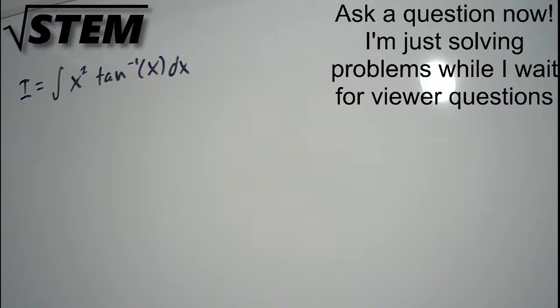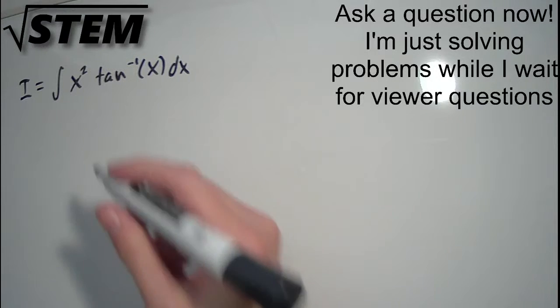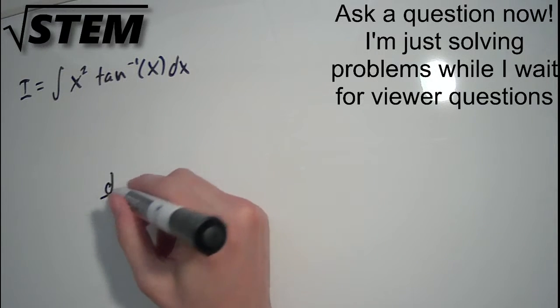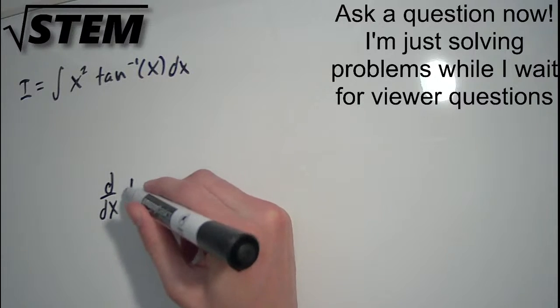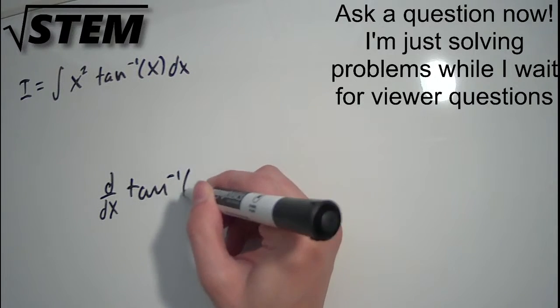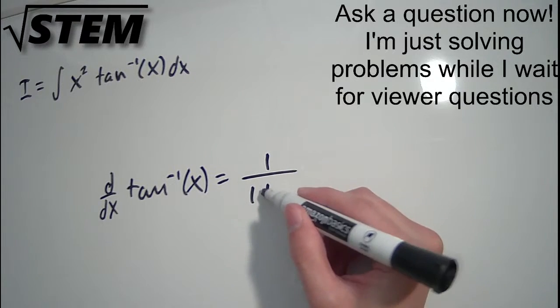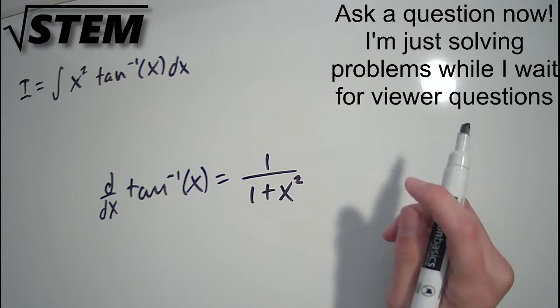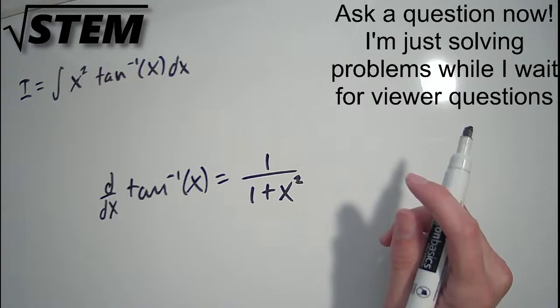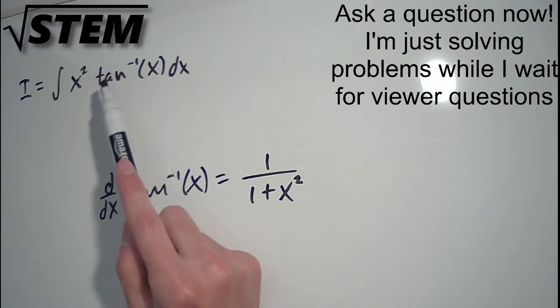So, the first thing that jumps out to me is I know the derivative of tangent inverse is 1 over 1 plus x squared. Now, does that help us at all with this integrand?